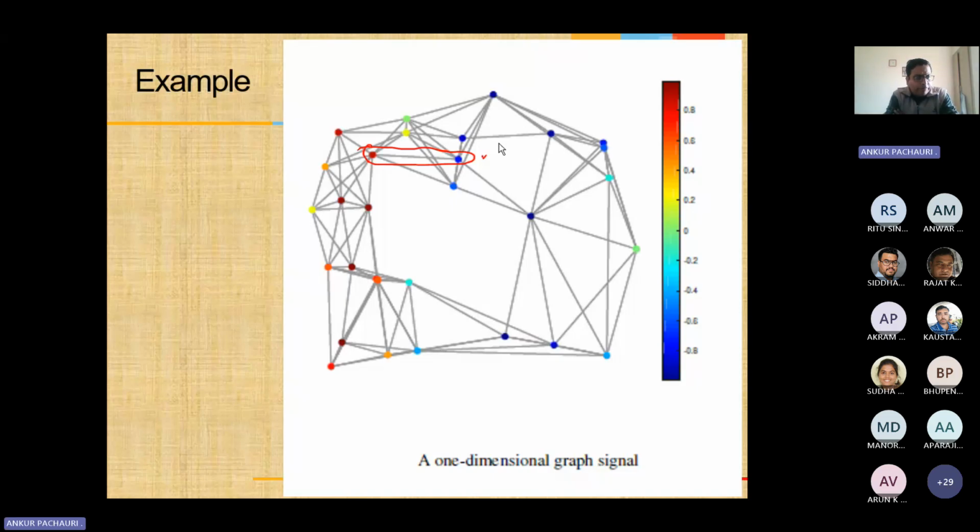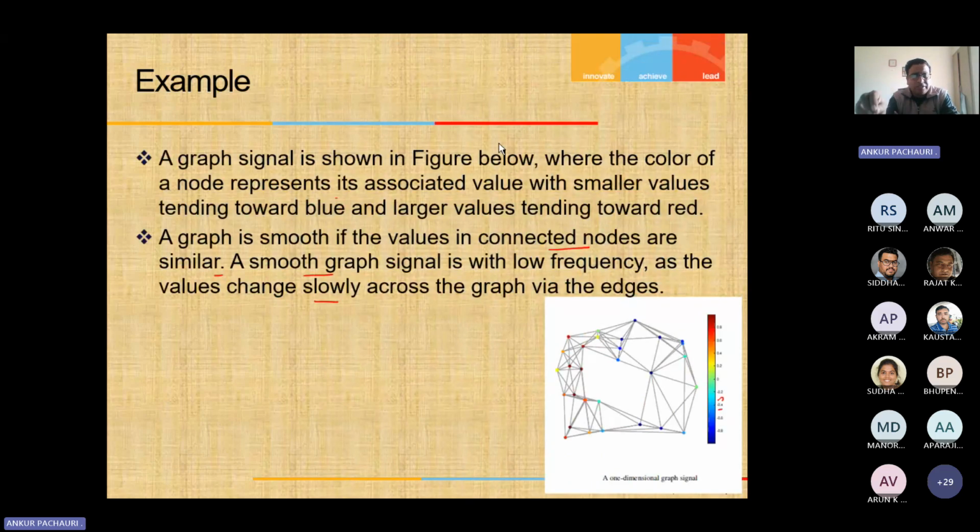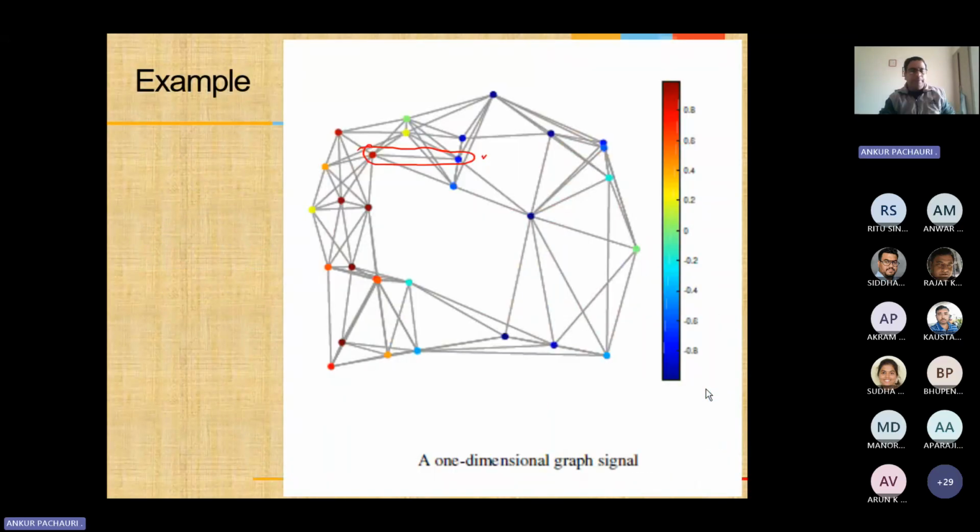Homophily means like-minded people, whose similarity values are almost the same. In that case, homophily can be considered smooth, because if this is a gray color, gray will have yellow and light blue colors in its neighborhood. A similar kind of node with the same properties will be connected together.